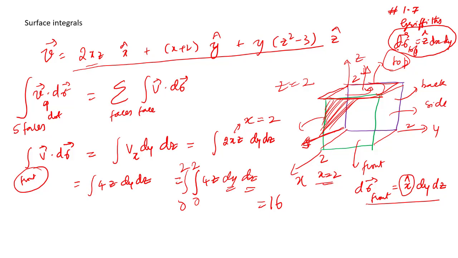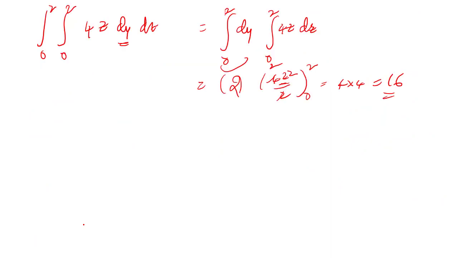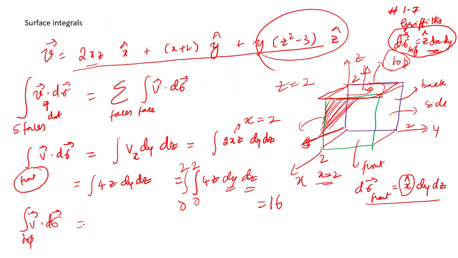So for v dot d sigma for the top face, I would get only the z component because the areal element has only the z component. So I would have something like the integral of vz times dx dy, right?